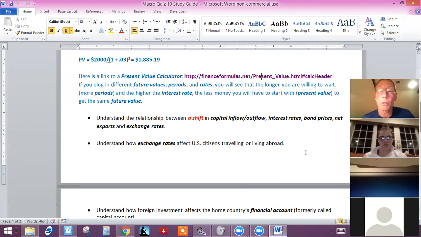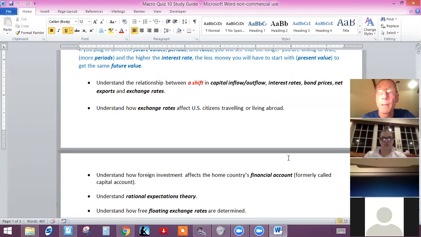So if the dollar is appreciating relative to wherever they are, they're going to be better off. If the dollar is depreciating relative to the currency of the country they're in, it's going to hurt them, right? Because they're going to be able to buy less currency with the dollars that they have.